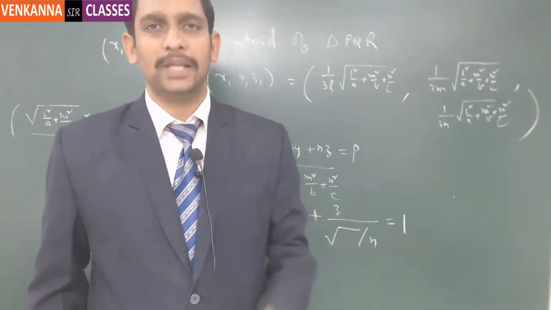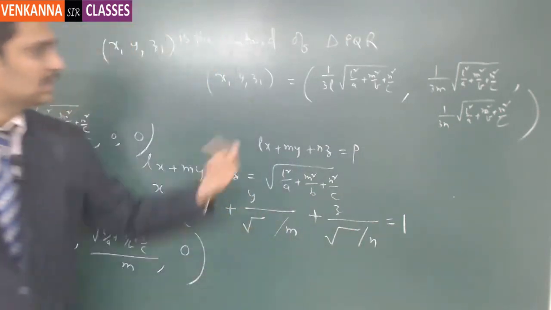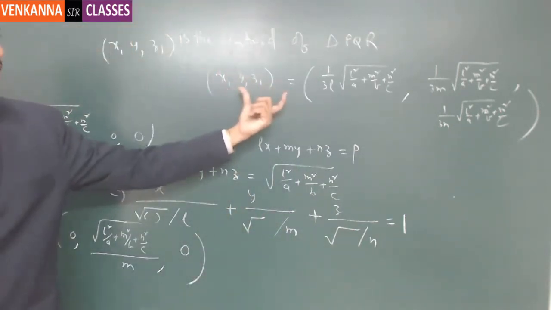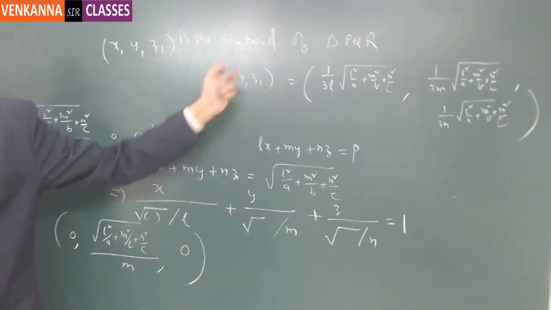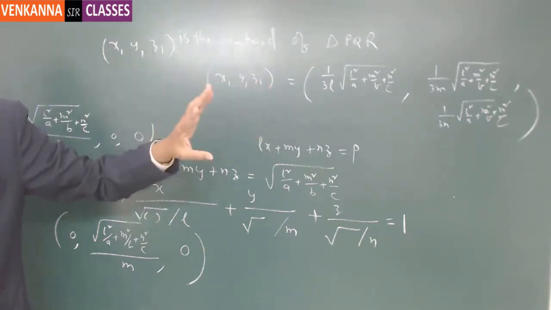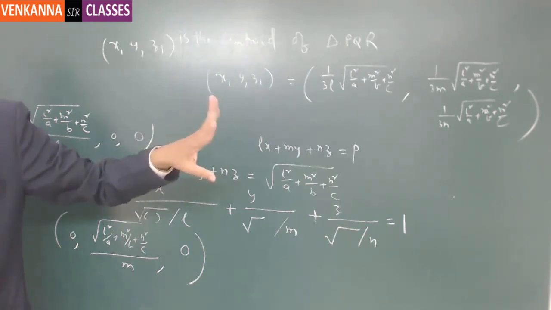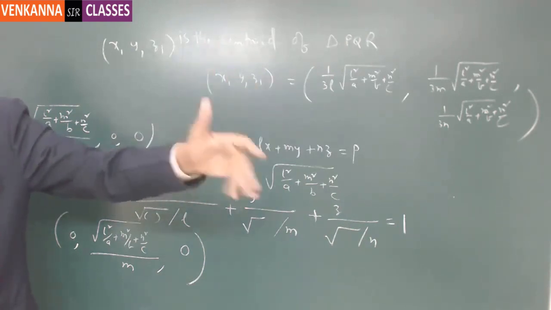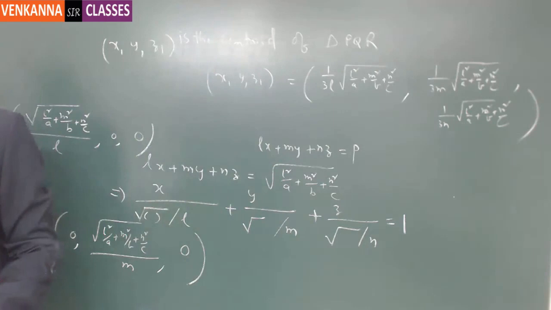L, M, N should not be there. So comparing the coordinates on both sides, I have to modify it by some arrangement so that I get an equation in terms of x, y, z only. L, M, N will get eliminated, right? That is the actual thing I have to do.